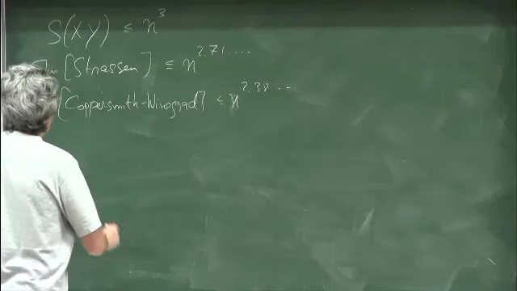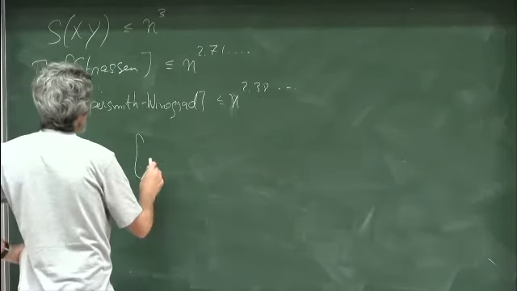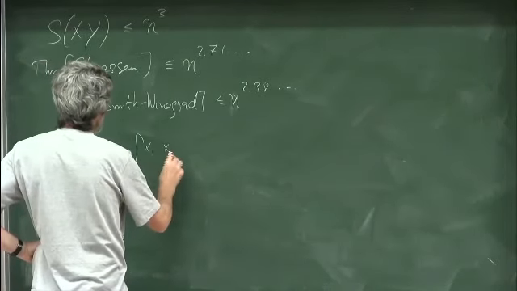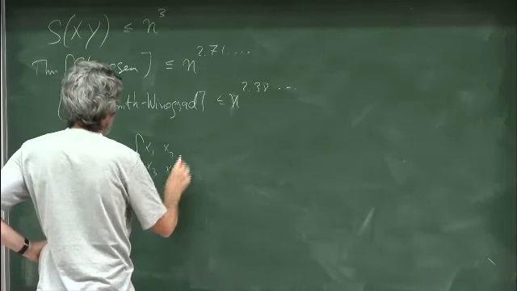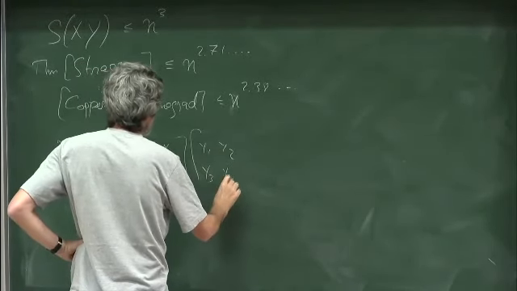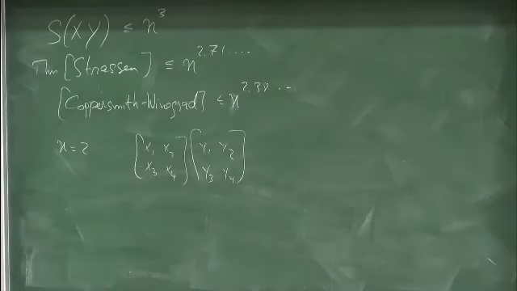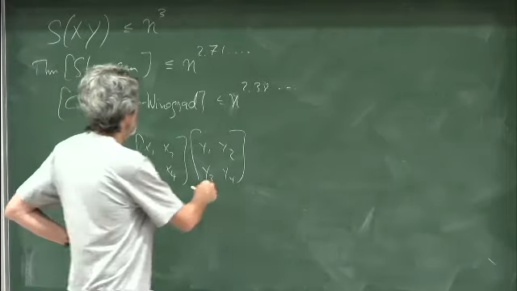He said, well, let's look at n equals 2. So we want to compute the product of two matrices, x1, x2, x3, x4, and y1, y2, y3, y4. And it seems like it requires 8 multiplications, at least if you do it the obvious way. But he found that this can be done.